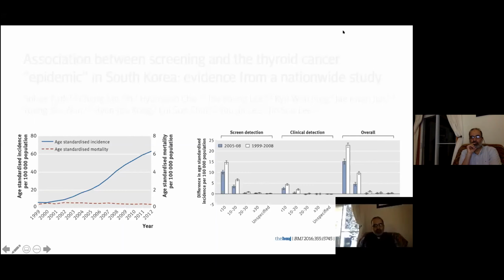But more interestingly, if you were to see on the right side of the slide, what you're seeing here is that over the course of the last number of years, well over a decade, most of these cancers were picked up.